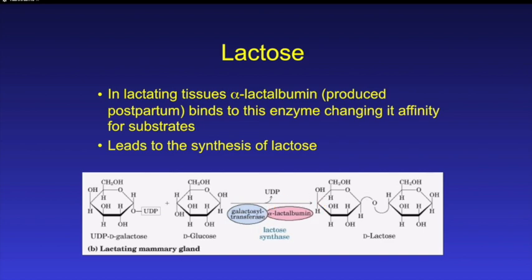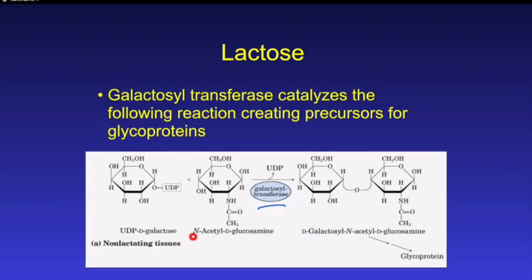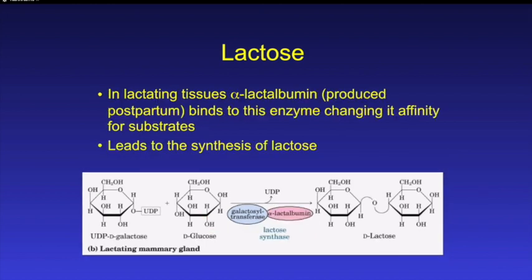What will happen is during the postpartum phase, we're going to have a protein that is produced called alpha-lactalbumin. Now this alpha-lactalbumin will bind to the transferase, and when that does, it changes the substrate specificity for this enzyme. Now it will still use a galactose, but instead of binding N-acetylglucosamine, where we have the acetyl group and an amine in the position where there was a hydroxyl, we're now going to bind glucose.